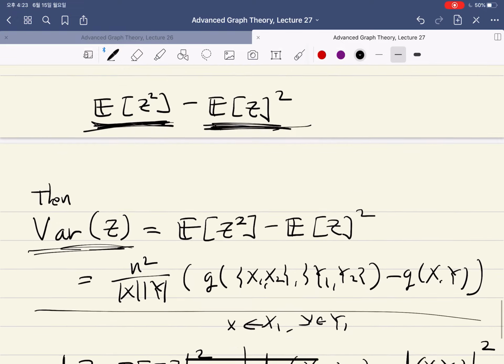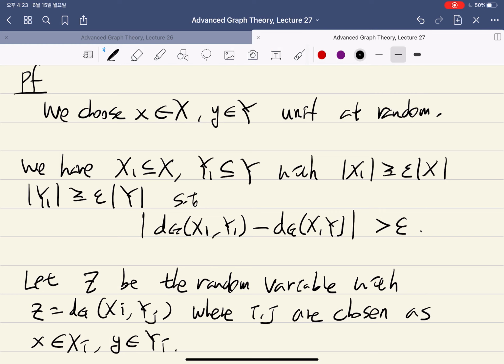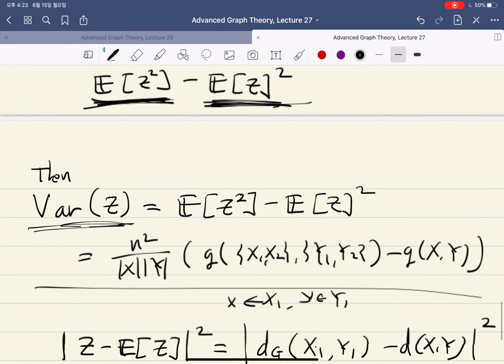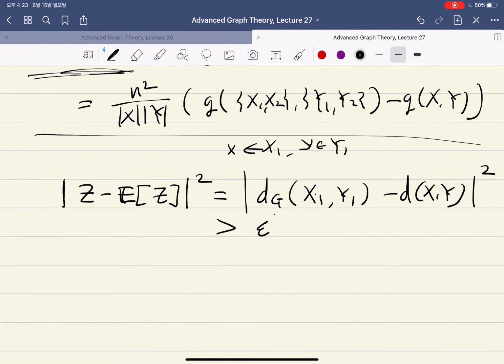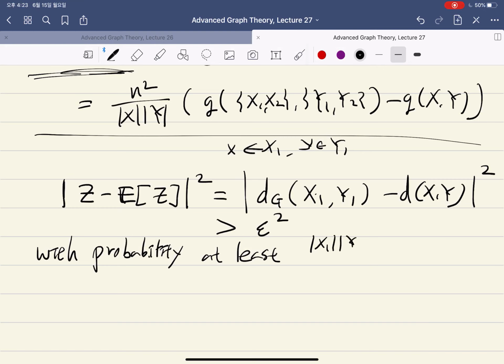In this case, what's our assumption? We know that this is bigger than epsilon squared. And this happens with probability at least size of X1 times size of Y1 over size of X times size of Y, which is bigger than epsilon squared.